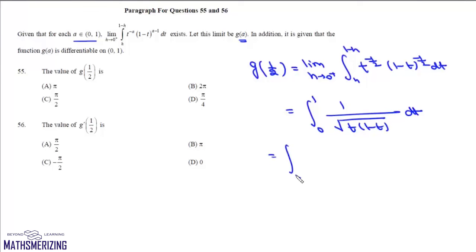Now it will be this integral from 0 to 1 dt, and here it will be t minus t square. Now we'll complete this perfect square by adding 1 by 4 and by subtracting 1 by 4.